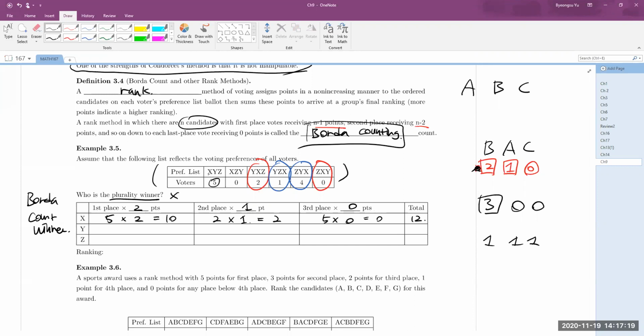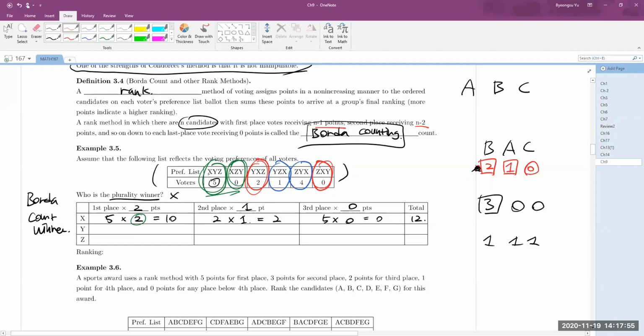So what I did is investigate how many voters think that X is the best choice. That happens in these two preference lists, where X is the first choice. There are only 5 voters who chose those preferences, marked in green, so I multiply 2 points by the number of those voters. I do the same for voters who think X is the second choice.